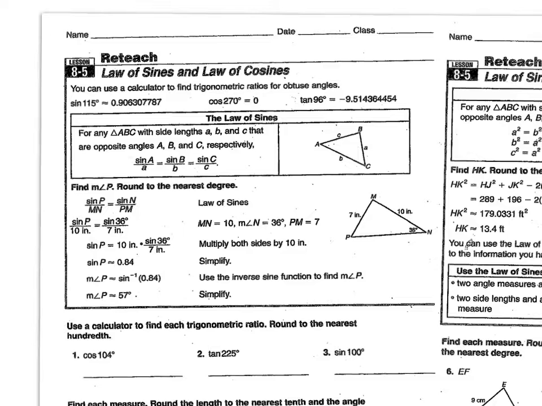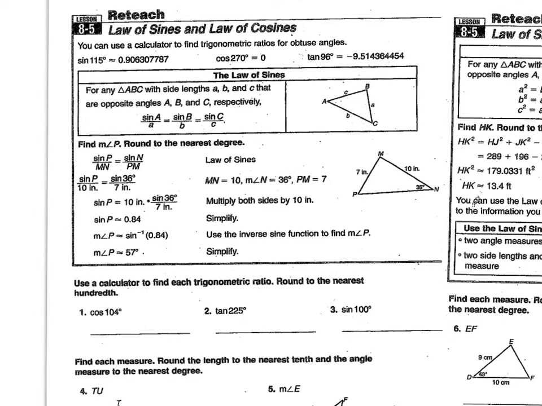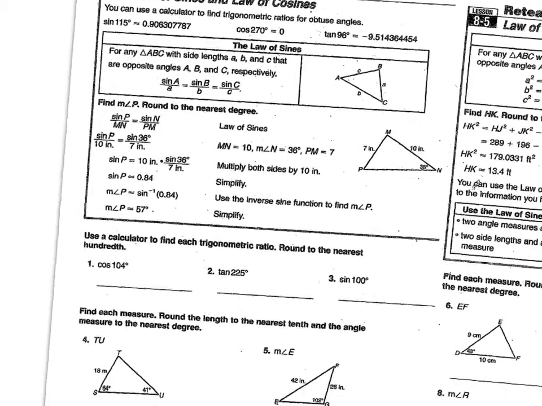Did you get sine of 115 equals 0.90637, to double check that your calculator is in the right mode? Okay.